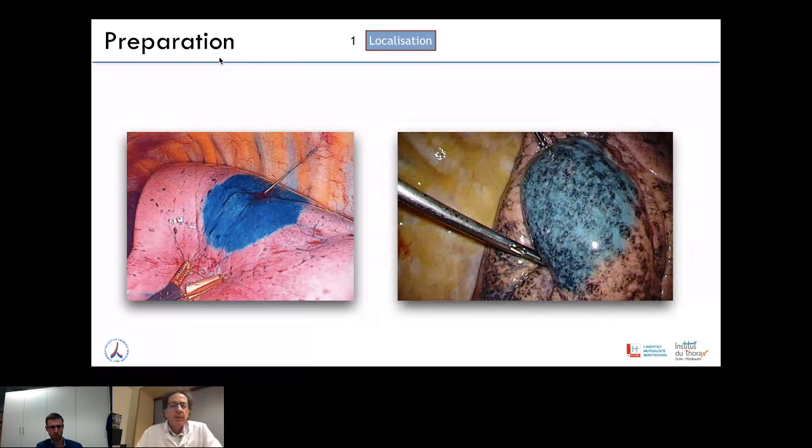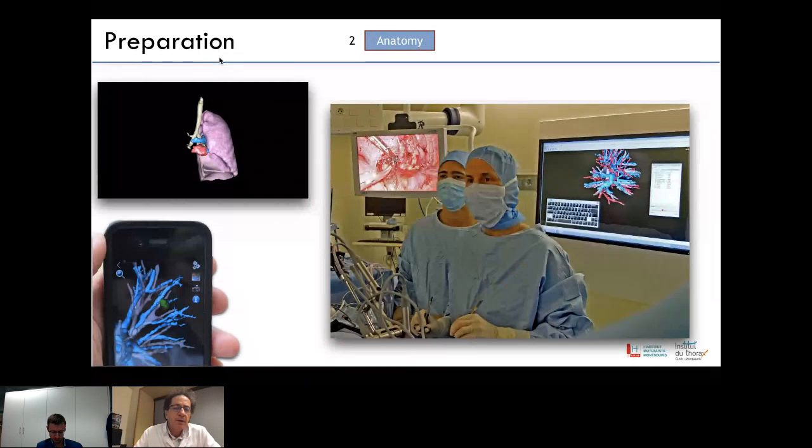Okay. The second reason for having a preparation is to look at the anatomy, which, as you know, is highly variable. So we use reconstruction, 3D modelization, and it works like this.